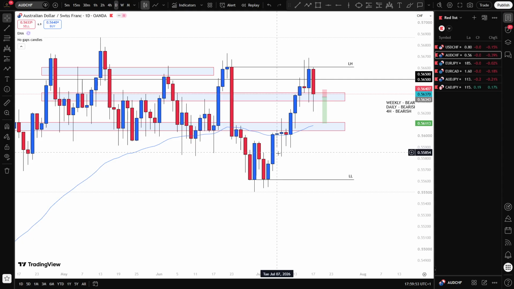Price rallied up and also did not body close above this zone, it just wicked the lower high. And on Friday's candle, we have a clean rejection engulfing candle, indicating that sellers have entered the market.